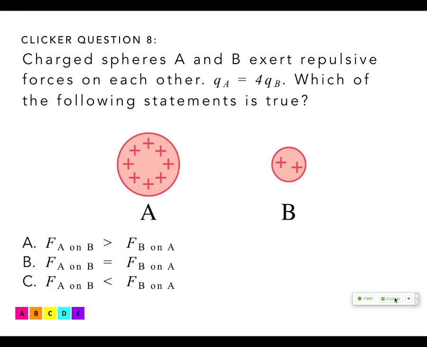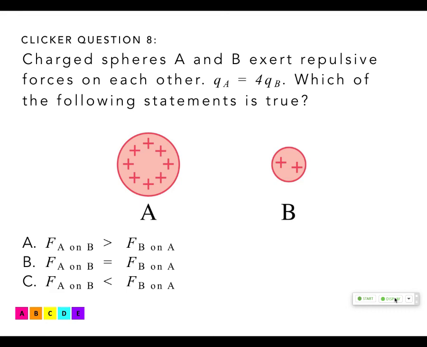Everybody agree? Okay. The force of B on A is K QB QA over R squared. Are these things different? No. What would we call this in terms of physics 190? That's the third law.